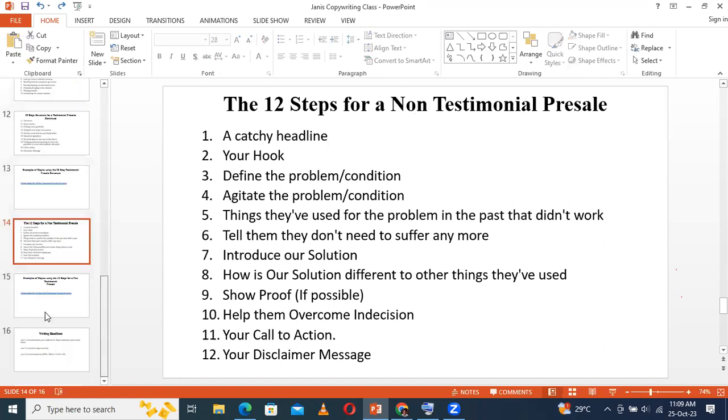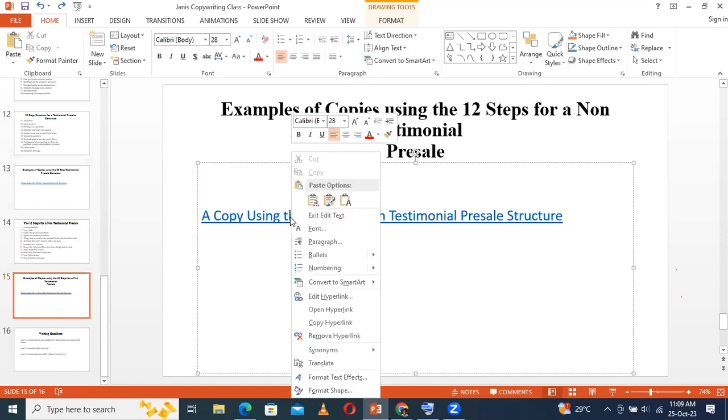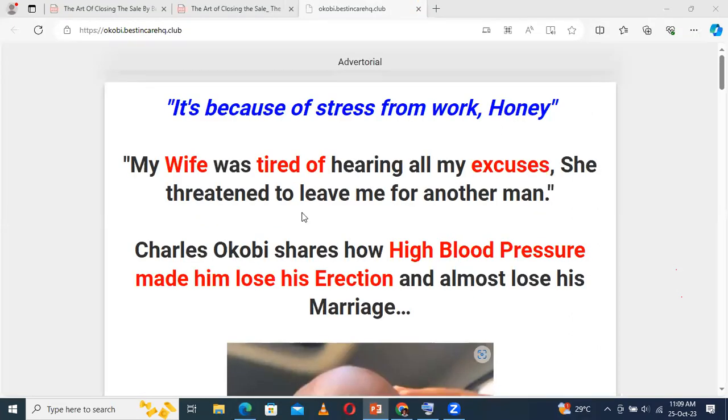So I wrote one pre-sale here. This one is for arthritis. Let me open it. This one is for people with arthritis, but there are obese people that struggle to work out because of their joint pain. So that's also another angle again. Let's wait for it to load. Please make sure you are taking jotters. It's very important.